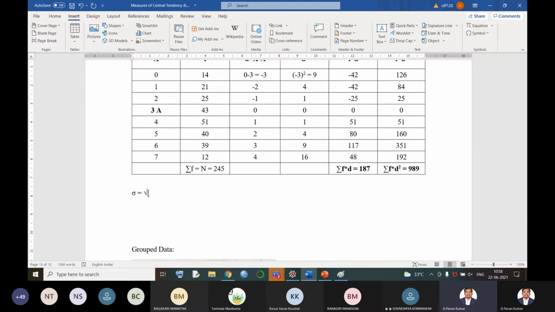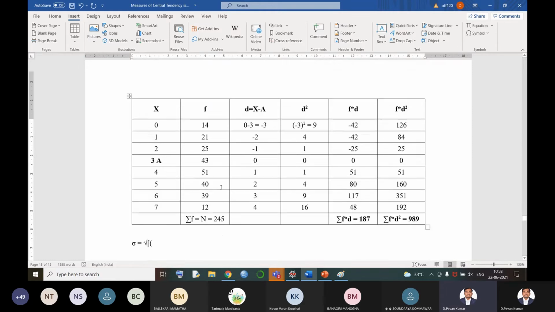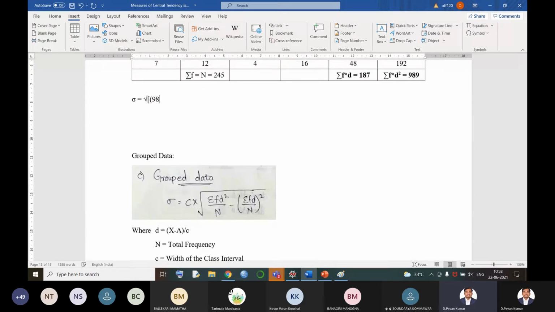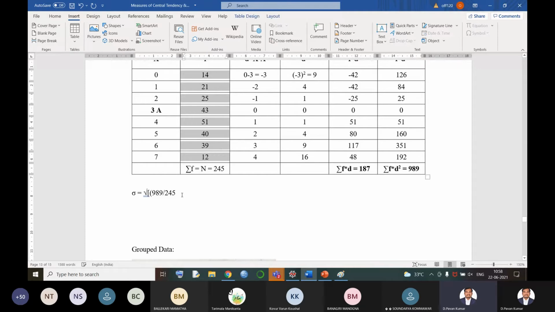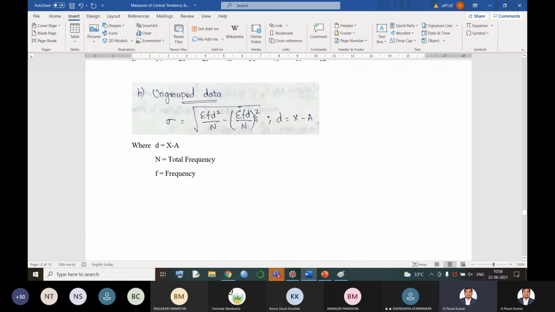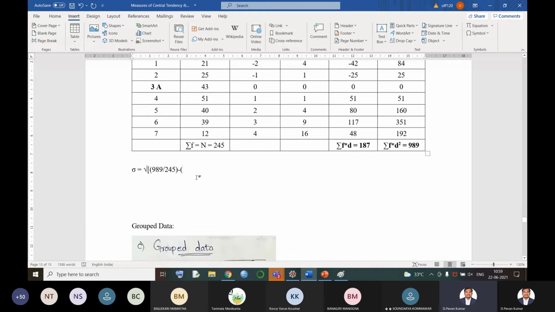Our first expression is summation fd square by n, which is 989 divided by 245, because capital N is the total of the frequencies, and we got 245. Minus summation fd by n whole square, so summation fd is 187 divided by again 245, whole square. Just find out the answer and let me know.